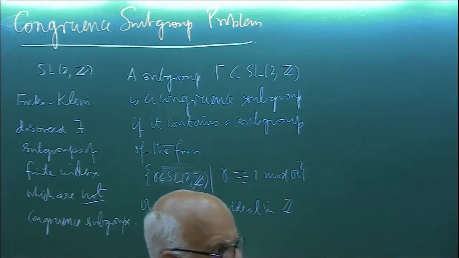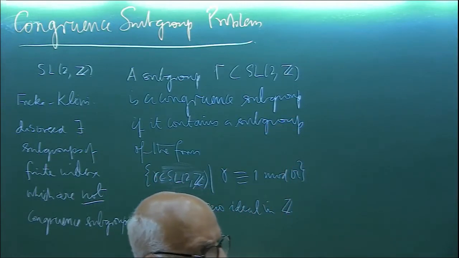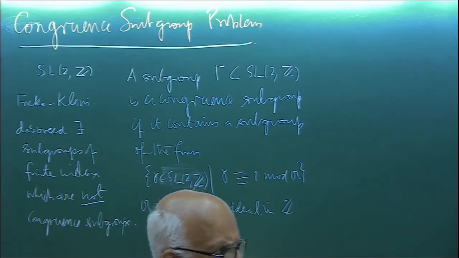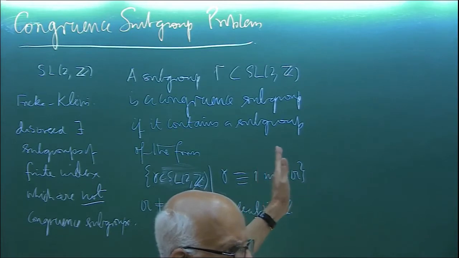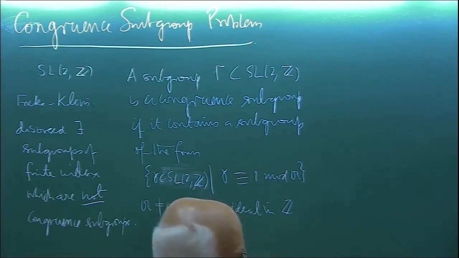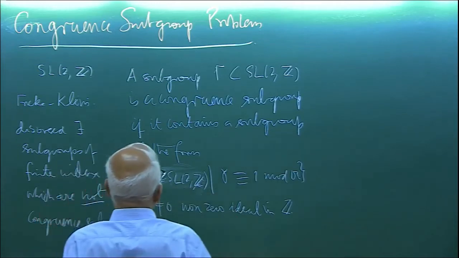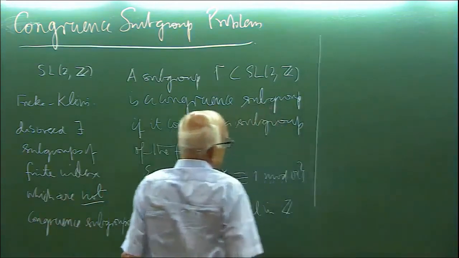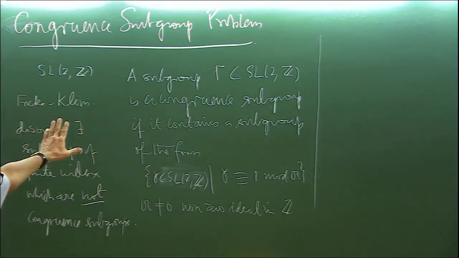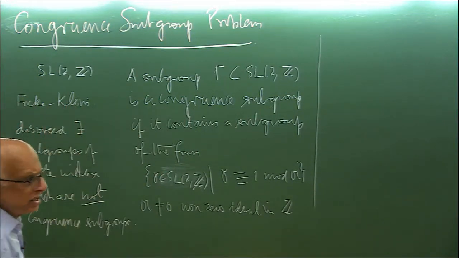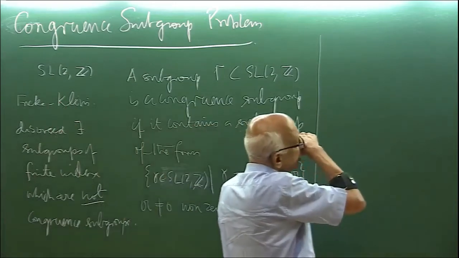And then if you choose a finite group other than SL2 of Z mod P, groups of that kind, you can easily see that the subgroup will not be a congruence subgroup. That's the way it works.